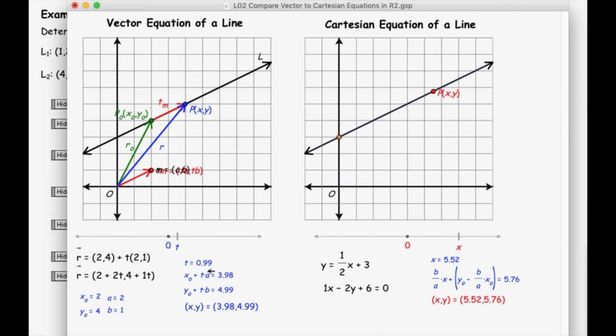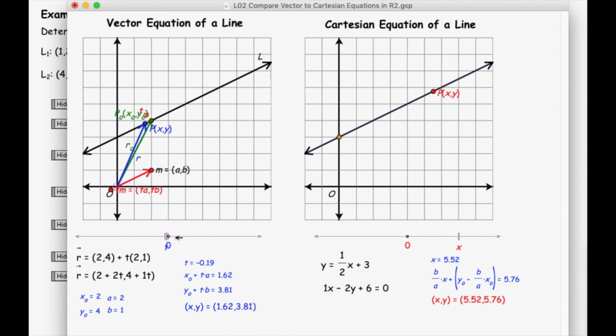Notice in this equation, the value of x is dependent upon the value of t, and the value of y is also dependent on the value of t. So t has driven this x calculation, and t has also driven the y calculation. Both x and y are dependent upon the value of t, and that's how we trace out all points on the line.